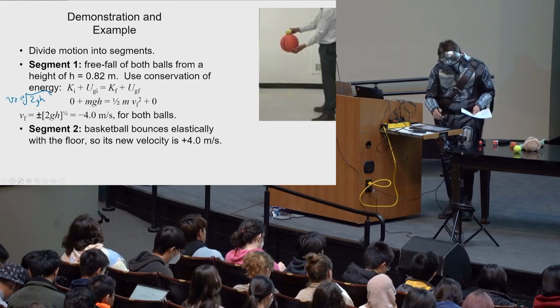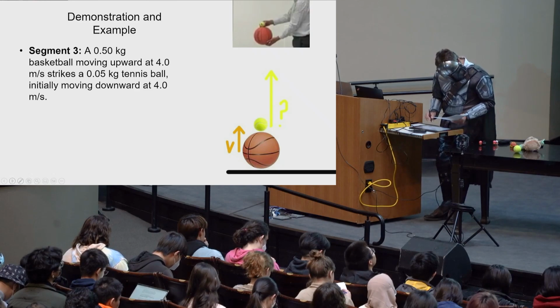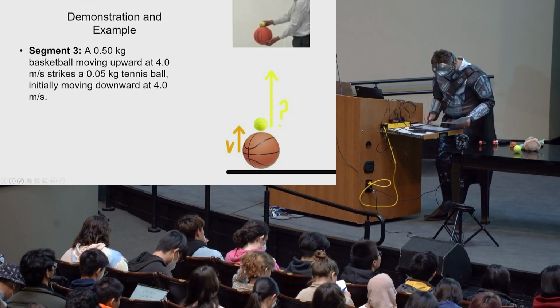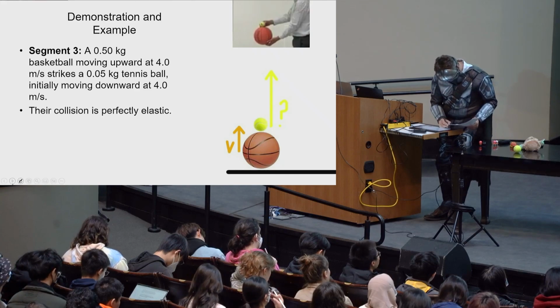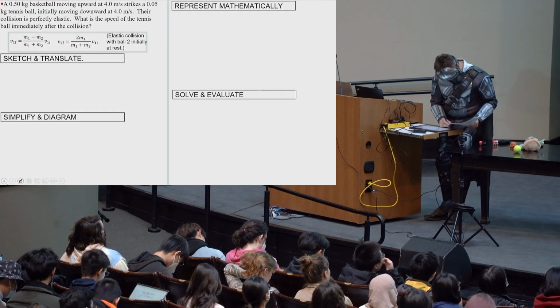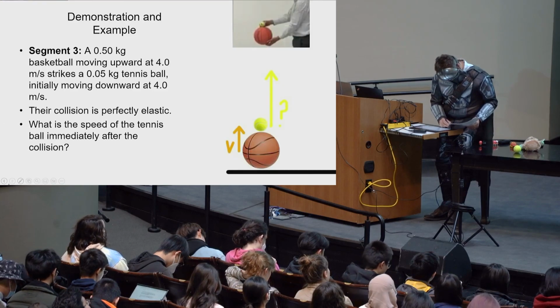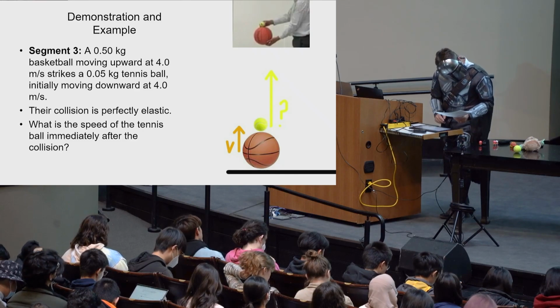So you get plus 4. And then this is the tricky one where we're going to use this collision equation. So you've got an upward moving basketball colliding with a downward moving tennis ball. And they're both going at 4 meters per second. Basketball is going up, tennis ball is going down. Question is, what is the speed of the tennis ball immediately after the collision?